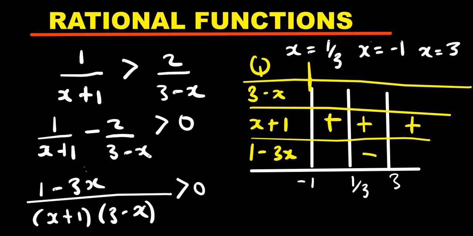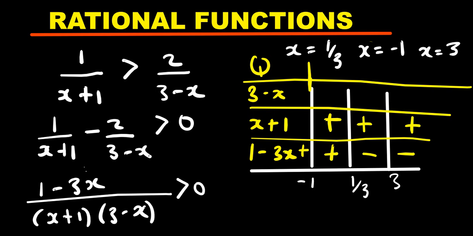If you put any number that is again greater than 1, let's say a 4, we're still going to have a negative. But if you put any number that is less than 1/3, let me say a 0, I'm going to have a positive number. If I put another negative number, any number that is less than -1, I'm going to have a positive here. So that's what is there.